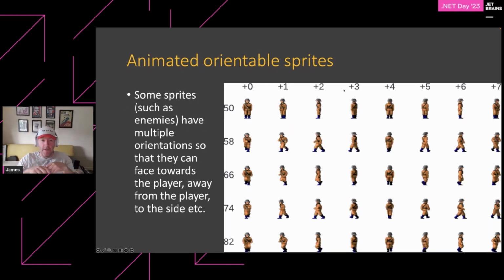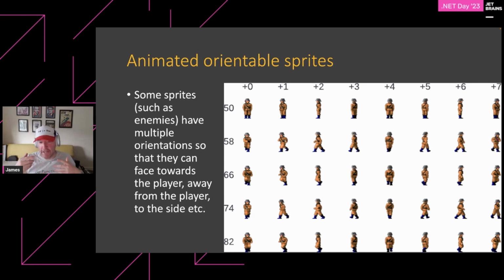Before we look at that, I mentioned some sprites animate in steps rather than just facing you. I call them orientable sprites. It might be something I picked up from somebody else talking about Wolfenstein, but I've called them orientable sprites.